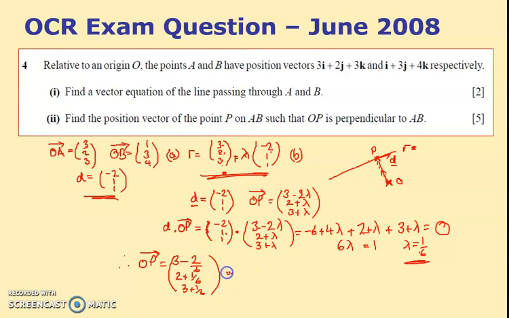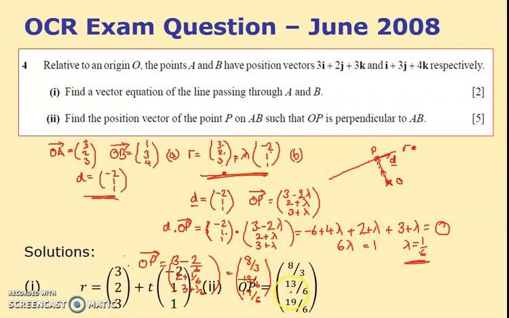It's not very nice, I agree. 2 sixths is like a third. That's like 2 and 2/3, which is 8/3. This is like 12 and 1, 13 over 6. And 3 plus a sixth is 19 over 6. I don't think they're very nice, but I think that's probably what it says on your calculator. 8/3, 13, yes it is.